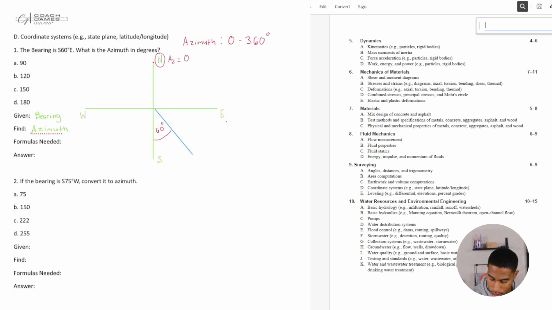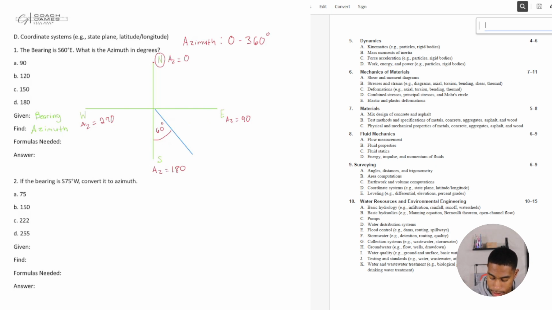East, the azimuth is equal to 90, right? We went 90 degrees. So it basically goes clockwise. Then for south, our azimuth is going to equal 180. Then at west, our azimuth is going to equal 270. And at north, it's going to be 360 or 0. Hopefully that makes sense.